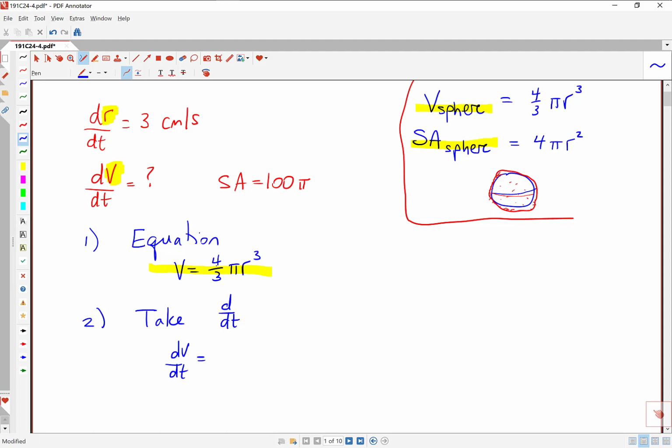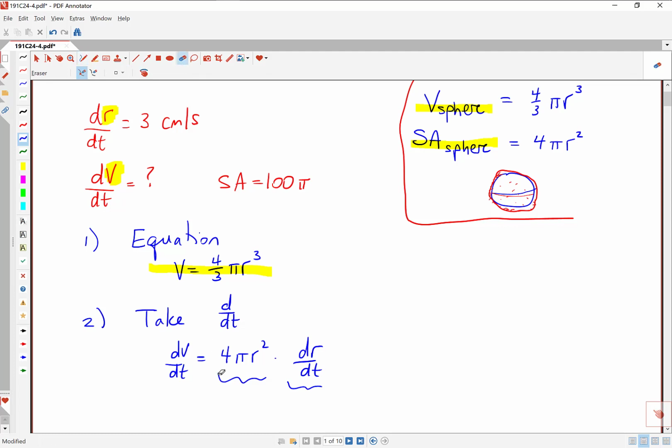So that cube would come down in front, giving us 4 pi r squared. But to make this in terms of time, we need to multiply by the derivative of the inside function, so multiply by dr/dt. That's the derivative of the outside function, keeping the inside function the same, where r is the inside function. And then that's the derivative of our inside function with respect to t.